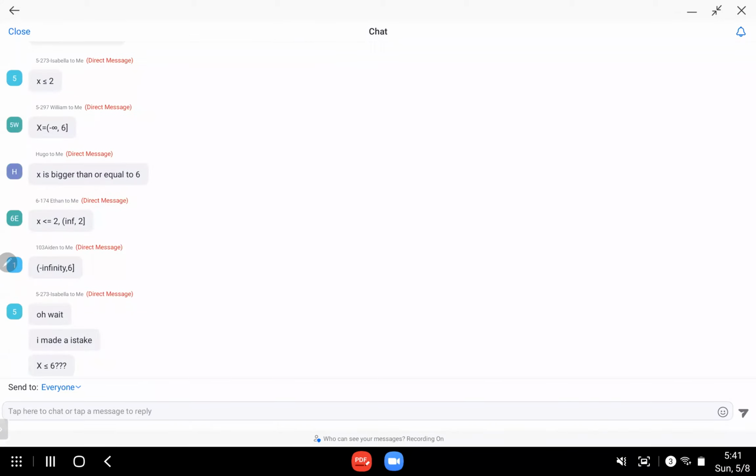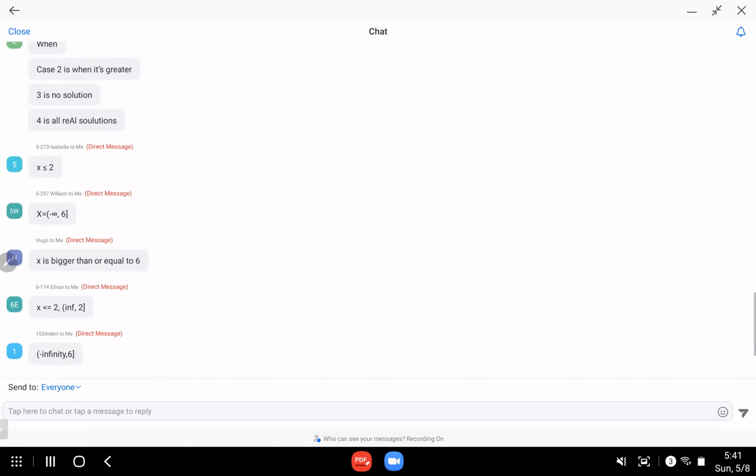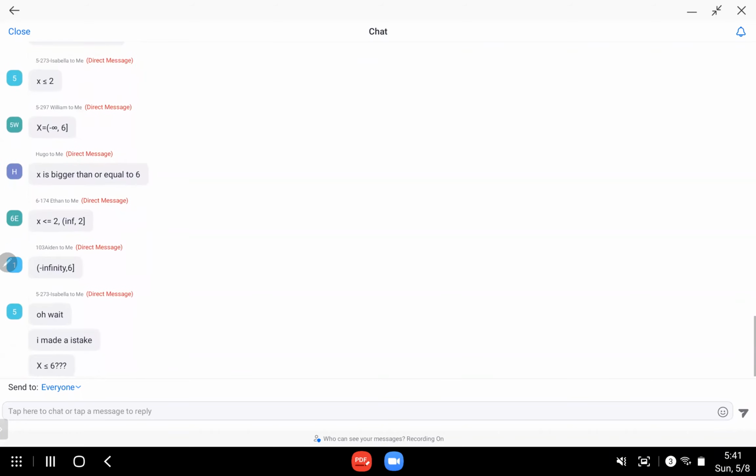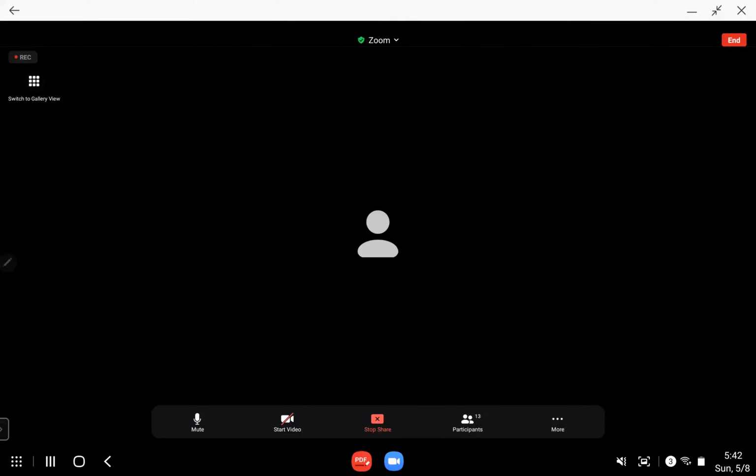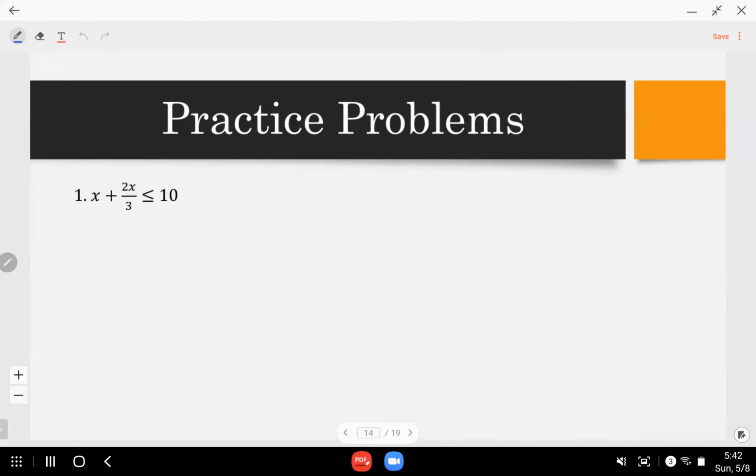All right. Let's see. We are quite evenly split here. We have x is less than or equal to 2, and then we have x is less than or equal to 6. All right, very good. So let's see which one is correct. If we do this right here, we have to multiply everything by 3. So 3x plus 2x is less than or equal to 10.